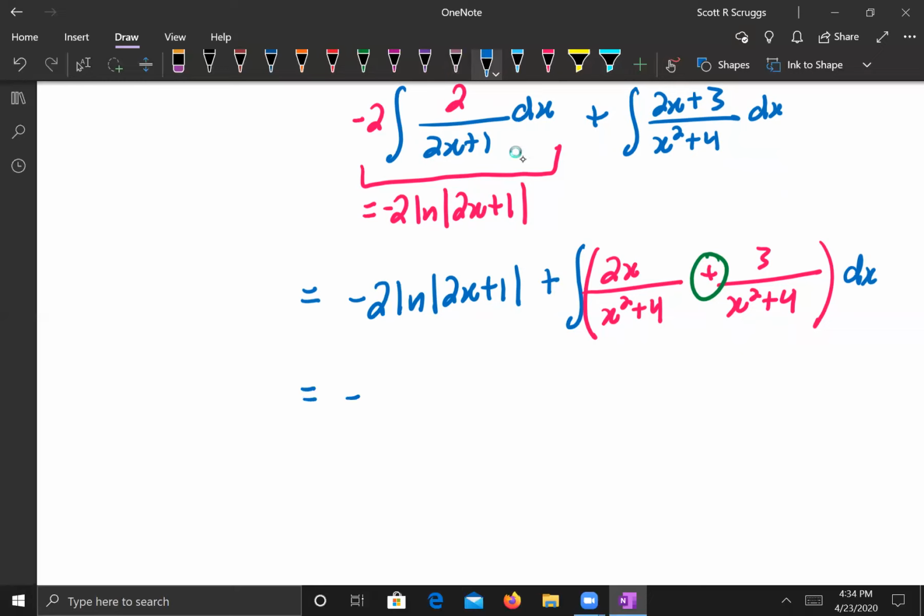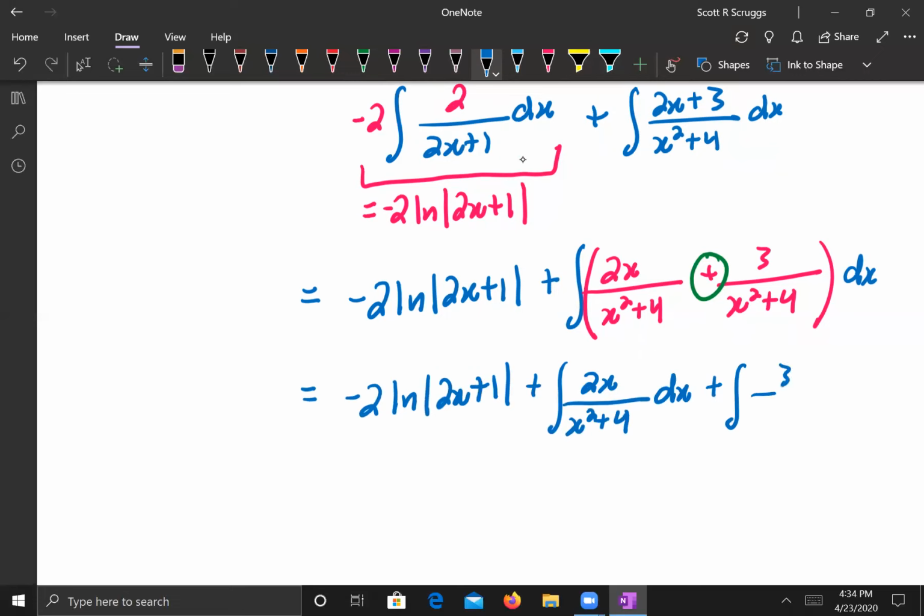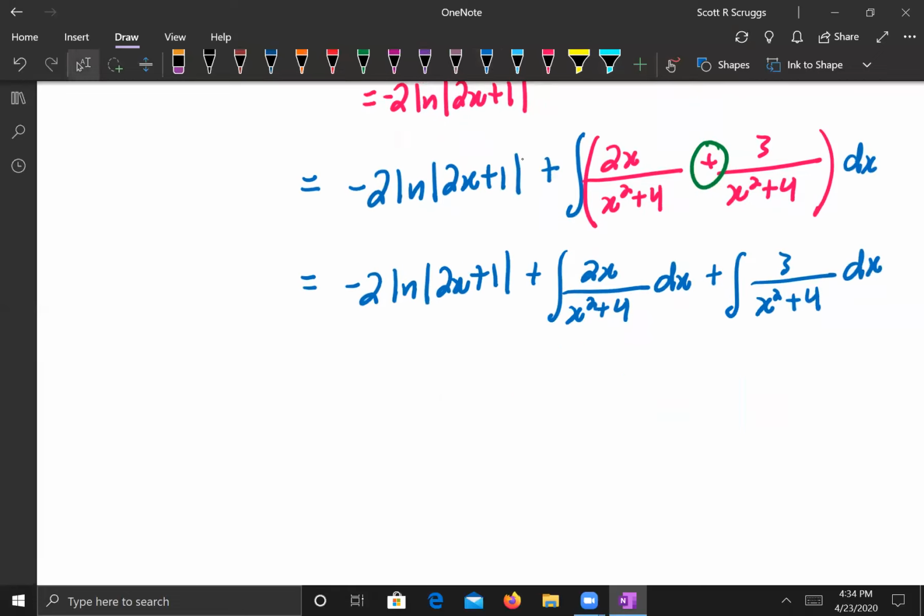So I get the knowledge that I currently have, plus the integral of 2x over x squared plus 4 dx, plus the integral of 3 divided by x squared plus 4 dx. And so let's talk about those two integrals separately. First, let's talk about the first integral.